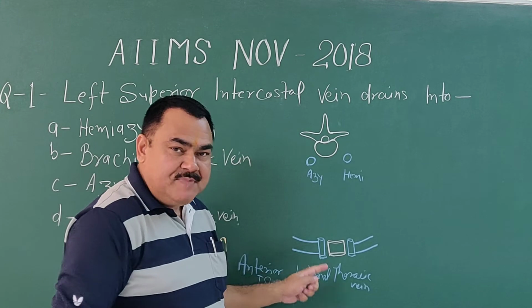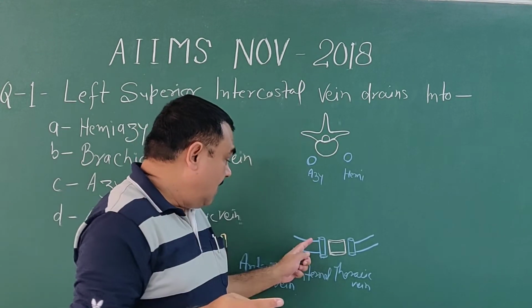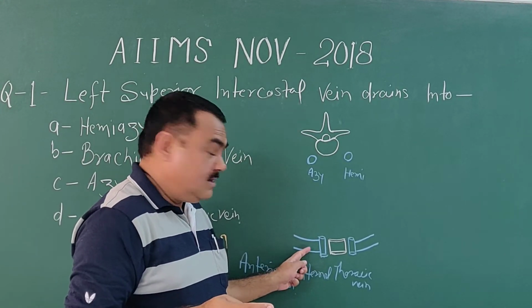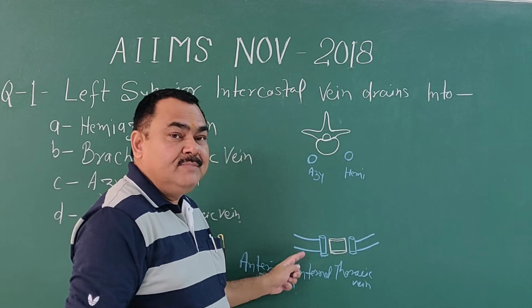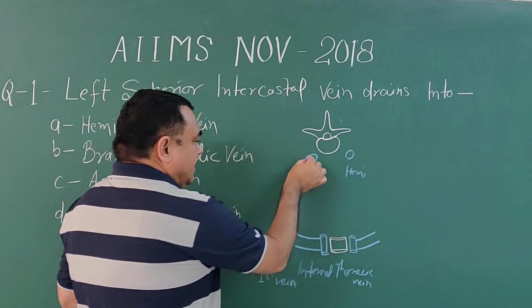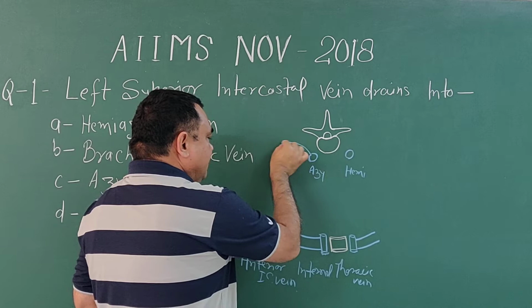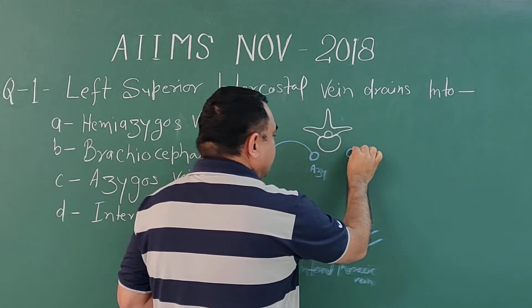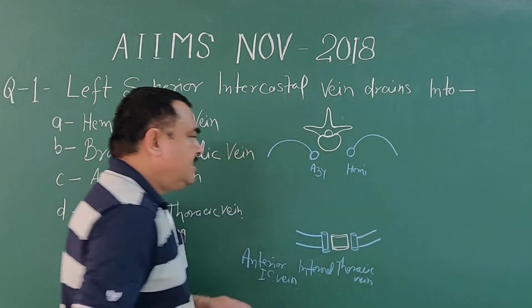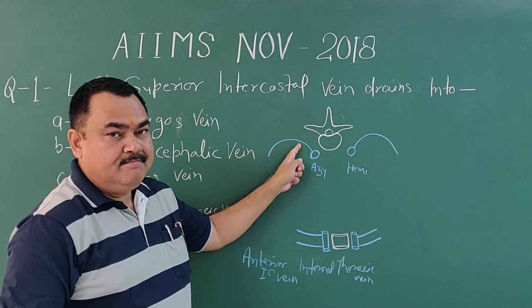So in each space there are two anterior intercostal veins, and posteriorly here is the posterior intercostal vein. This is the posterior intercostal vein. The posterior intercostal vein is single.